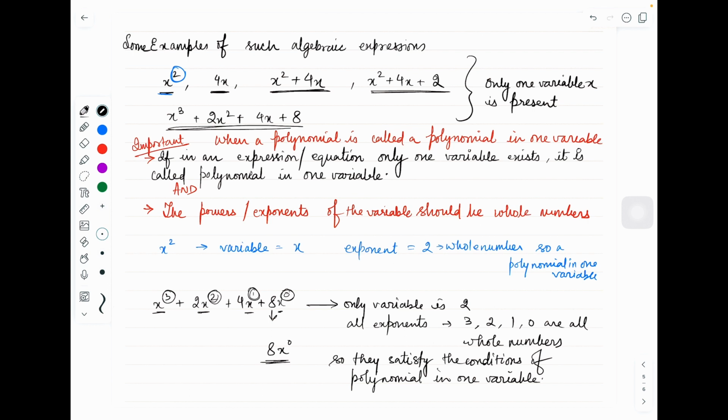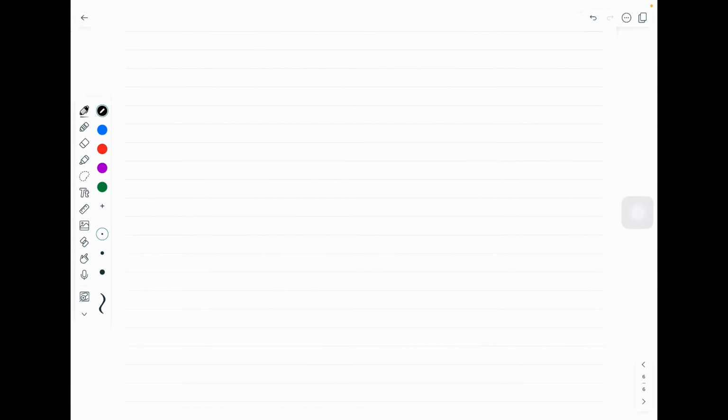I am taking my time here because in the exercise there are 5 questions, and there I will just write the answers. The variable is x, the exponents are whole numbers, so it is a polynomial in one variable. These are the two conditions. It is very important.